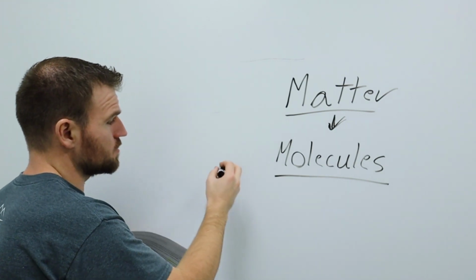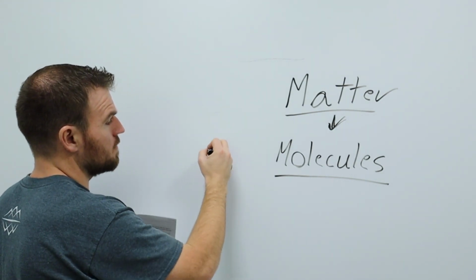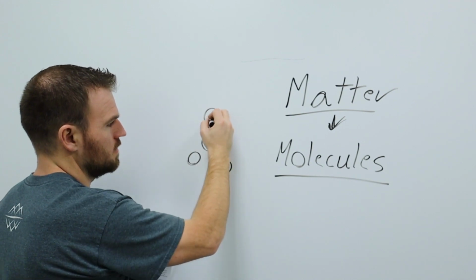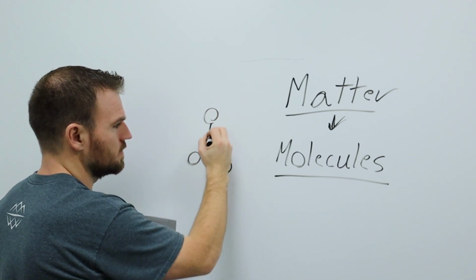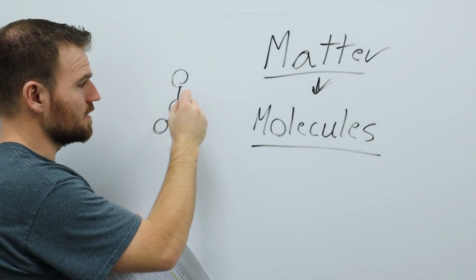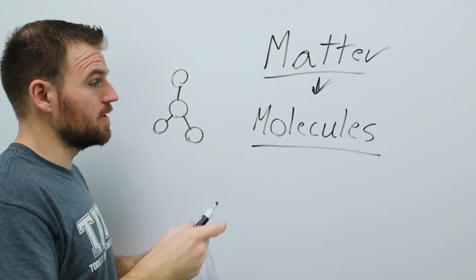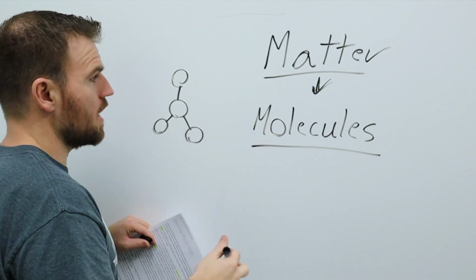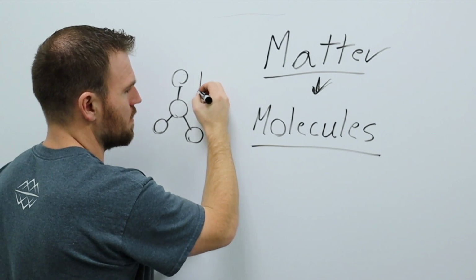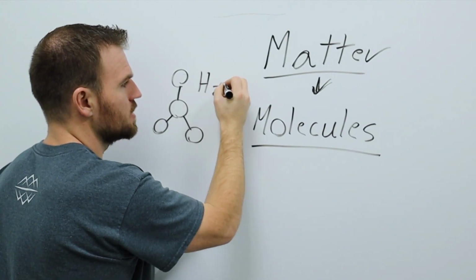But let me draw what a molecule might look like. This is a really popular one. It's a bunch of atoms or elements linked together to make that molecule. So let's say we took water, because we started with that one. That one is H2O.